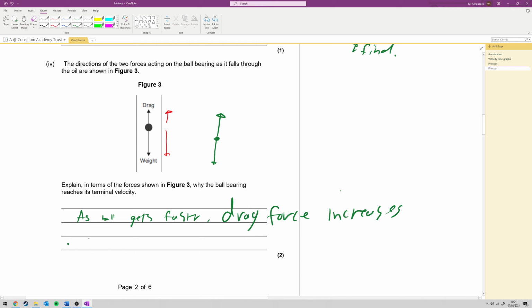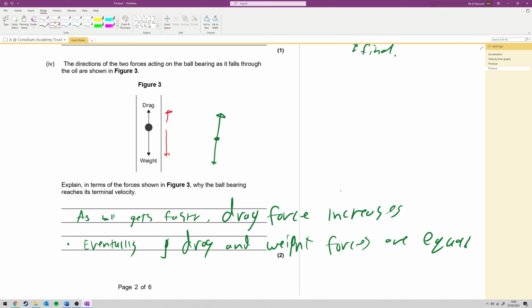Or you could say eventually drag and weight forces are equal. And there you go. You can say they're equal, or you can say they're the same size. When they're equal, it goes to terminal velocity.